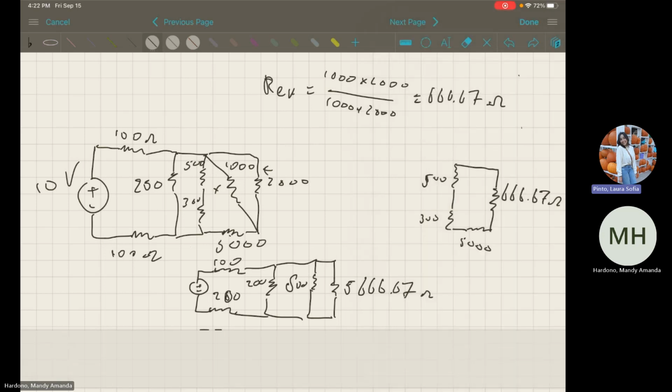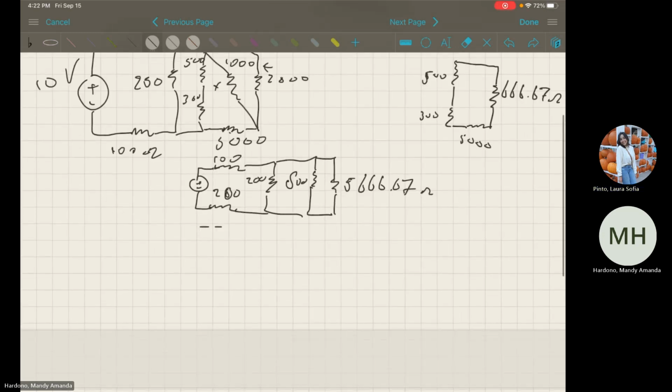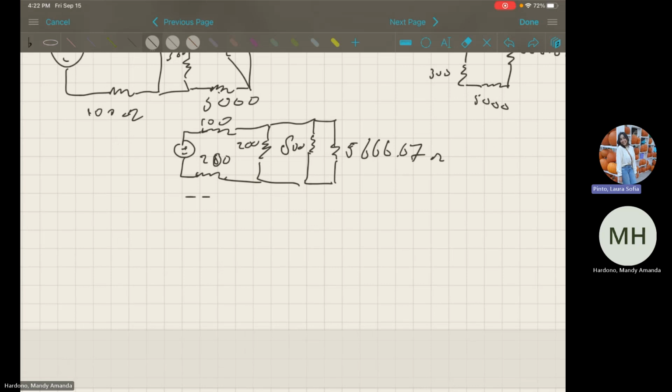Alright, let's scroll down. Okay, yeah. So then you calculate R equivalent. So 200, or yeah, you didn't then do what you said.